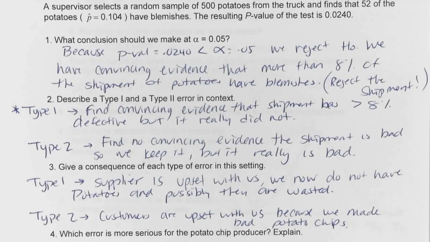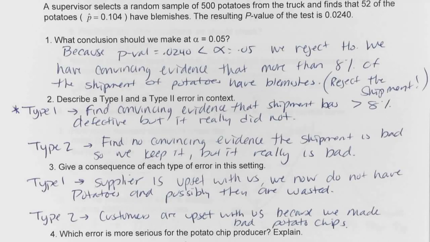Type 2 error: we don't send the shipment back, but we should have, which means we're using some dud potatoes and our customers are going to get more chips that have defects and blemishes, and they don't like the taste or the looks of them, and now maybe our sales go down. Customers are now more upset with us.